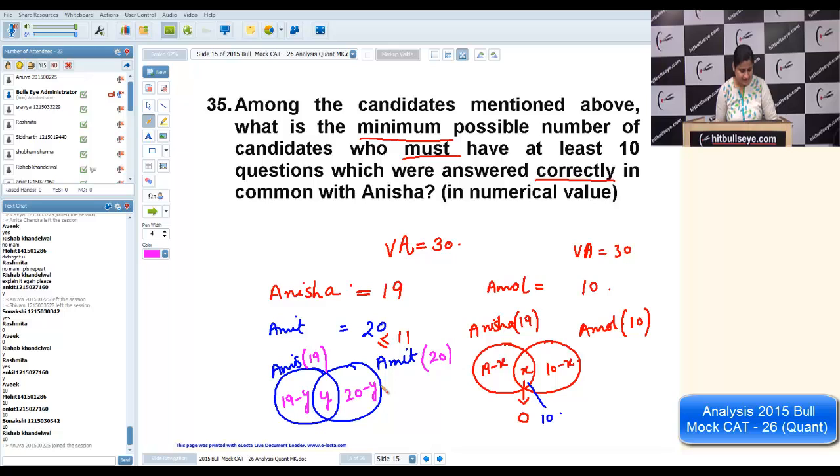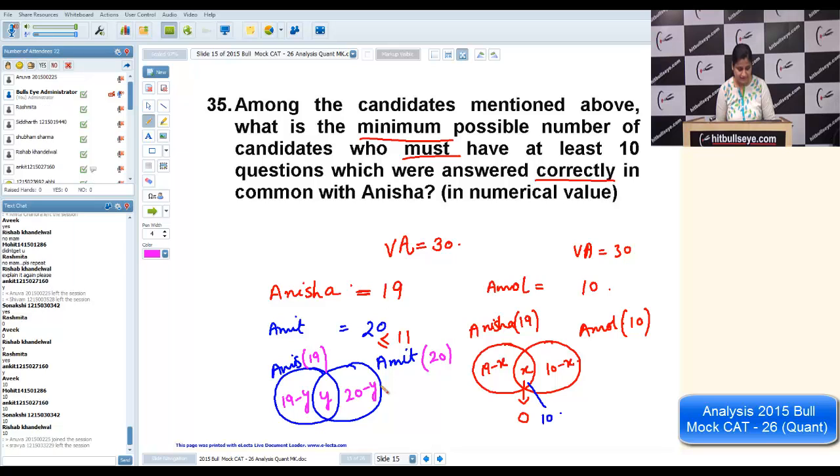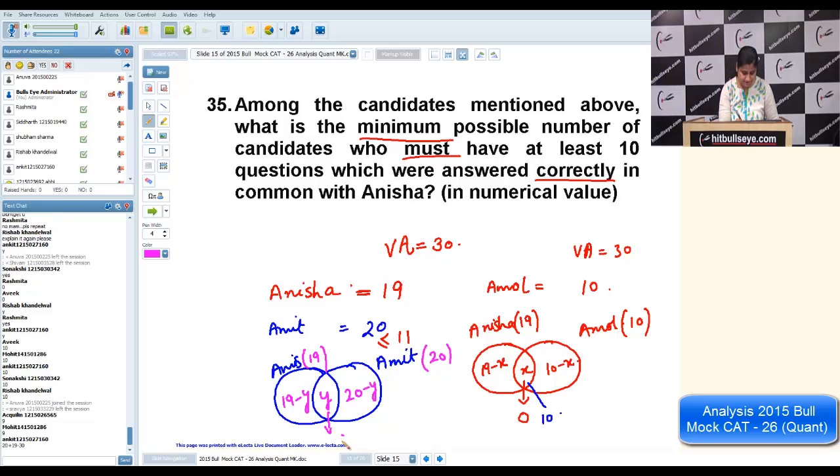Now you will get the clarity of the concept I was talking about. What should be the minimum value of y? Yes, guys, I'm waiting for your answer. It can be 0. Guys, what are you doing? It can be 0.